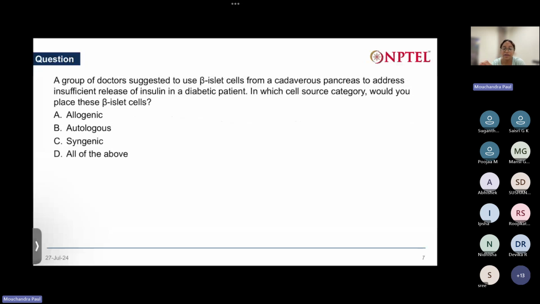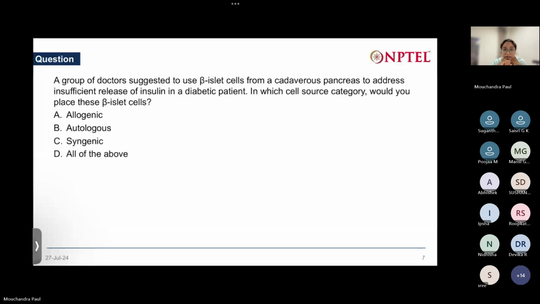From that pancreas you take some beta islet cells, and you inject those beta islet cells into the diabetic patient and basically address the insufficient presence of insulin. So the beta islet cells taken from the cadaverous pancreas, under which category of cell source would you place them? Will these cells be called allogenic, autologous, syngeneic, or all of the above?